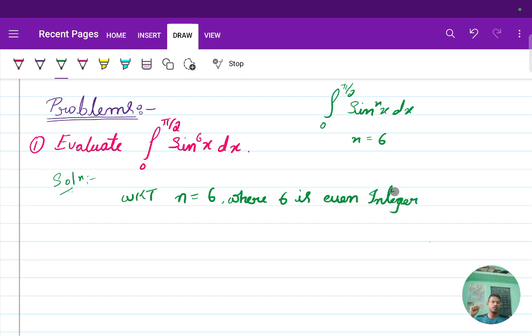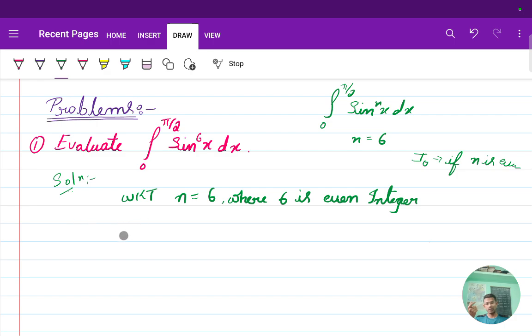Now, by the reduction formula over 0 to pi by 2 of sine power nx dx, when we get to the last term, that is I naught, if n is even, then we have a particular formula for that.